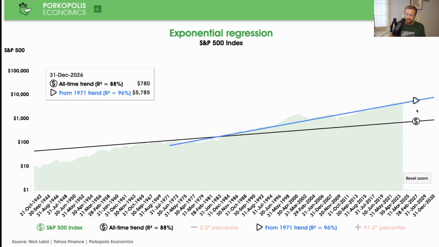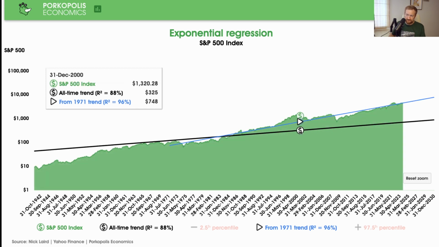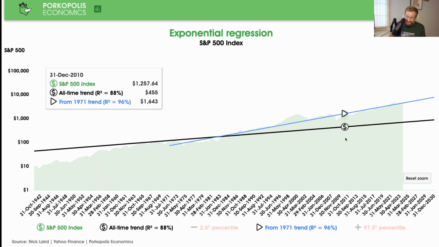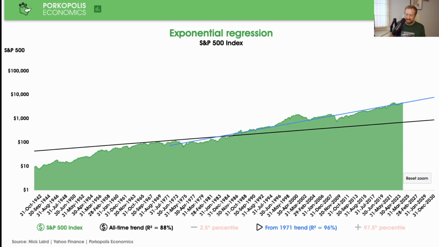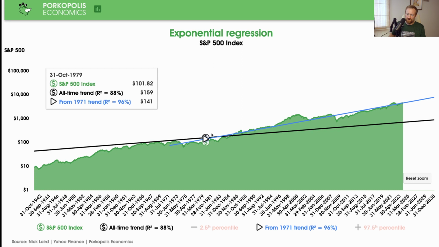All right, so that's actually faster than doubling every 10 years. Every 10 years, a doubling would be 7.2%. I don't have the exact numbers on how quick it doubles at 8.2%, but basically it will double at twice the rate of the all-time trend, if you catch me there. So 8.2% for the blue line versus 3.4% for the black line.